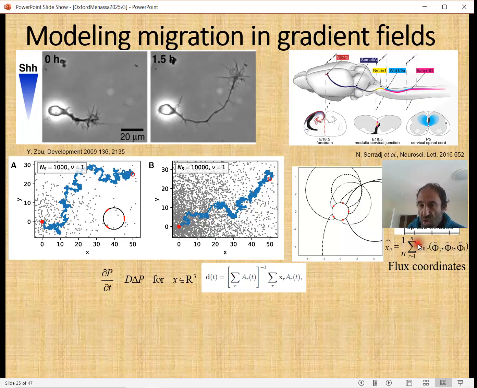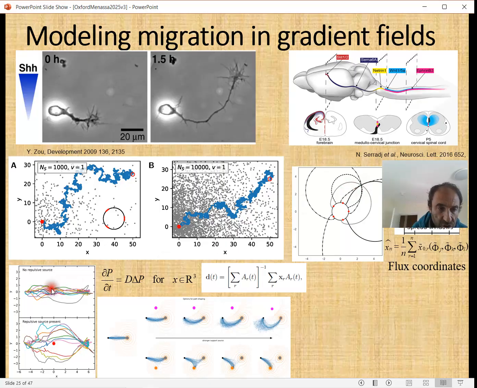And so the position of the source here depends on these fluxes. And so once you have those fluxes, we've shown that with 3 fluxes, you can recover unequivocally the position of the source.